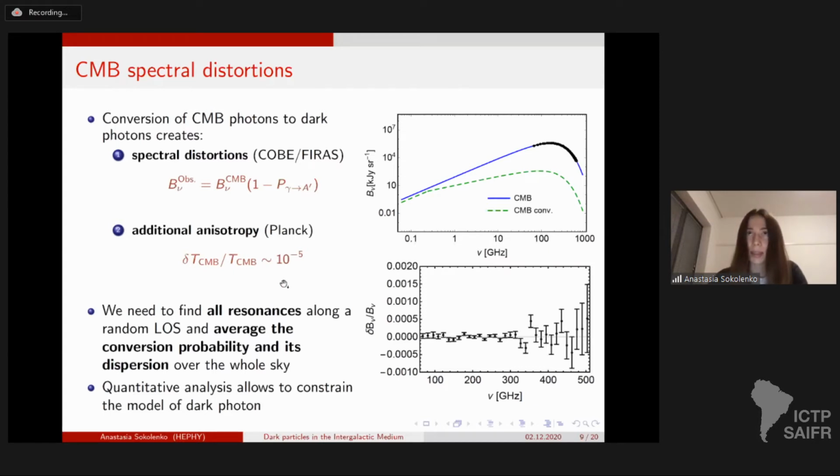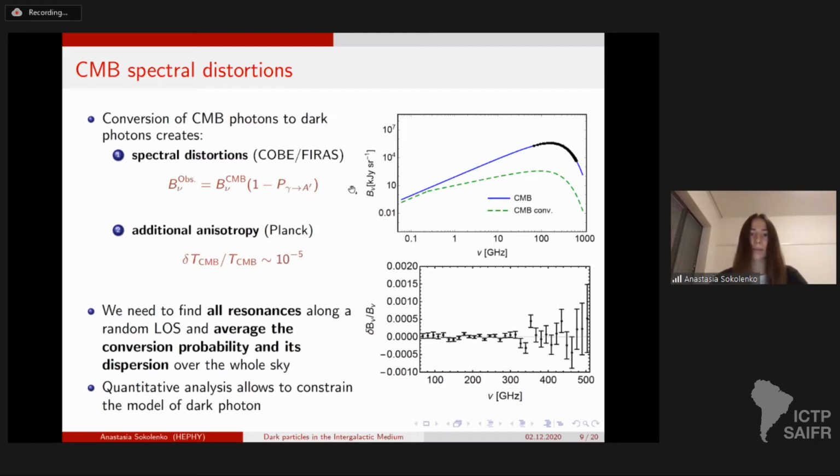And it means that if you would remove some photons from the CMB, or you add some more photons to the CMB, then you would add more anisotropy to this quantity. And in this case, you also can put some constraints. And as we showed, they give more or less the same constraints.